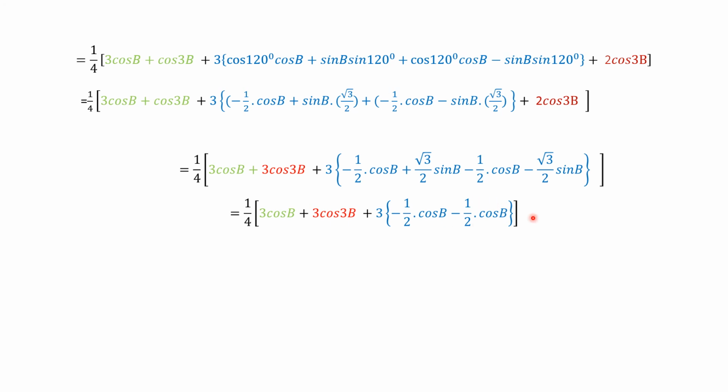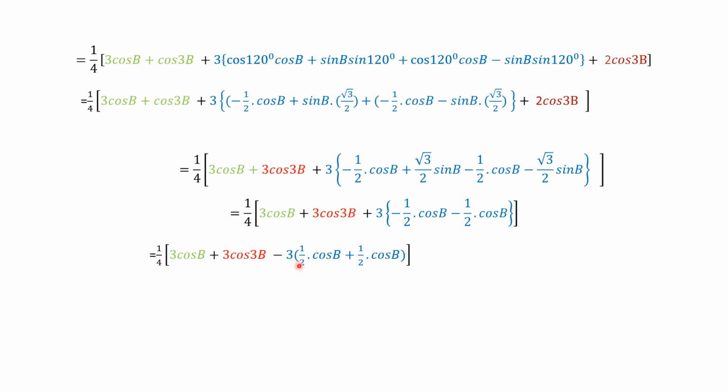So now we can take this minus and minus common. Can we? Okay, so on taking minus common, what do we get? This plus will become minus ultimately, and inside the bracket we have 1 by 2 cos b plus 1 by 2 cos b, and the first two terms are copied as they are.